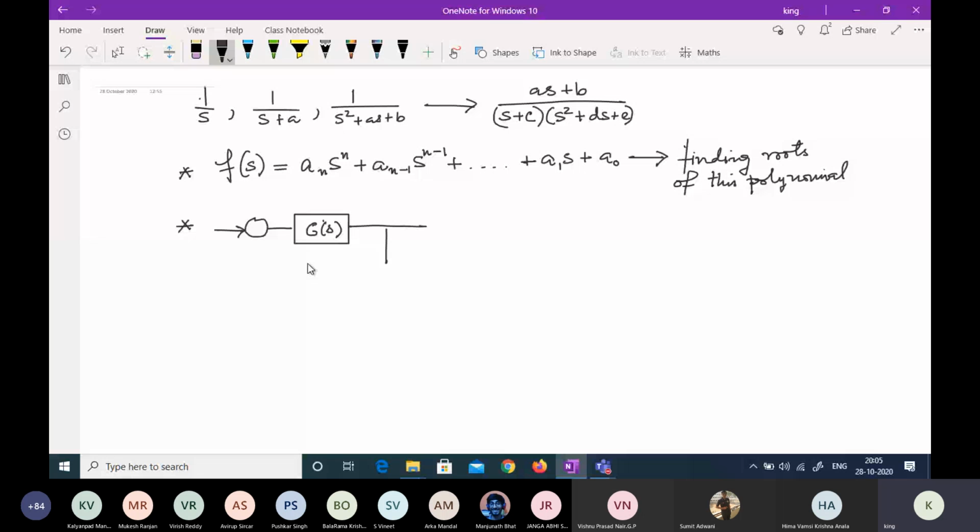Sir, there is a video lag. We can't see the drawing you are drawing on the board. We can only see the transfer function in the diagram. The feedback figure has not come; only G(s) and the comparator are there, the feedback loop is not complete.